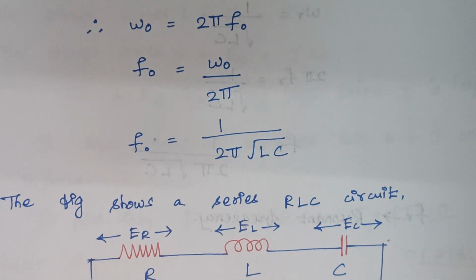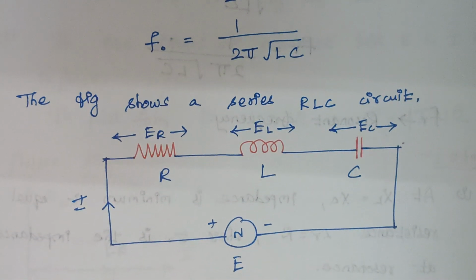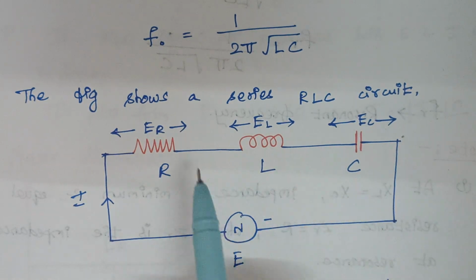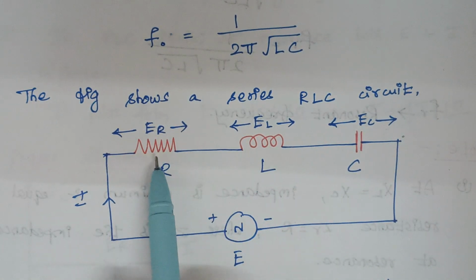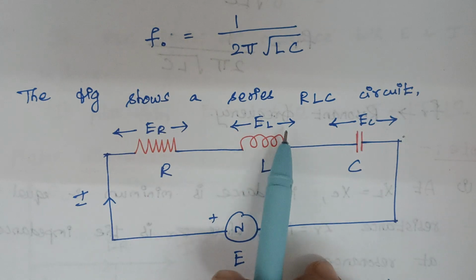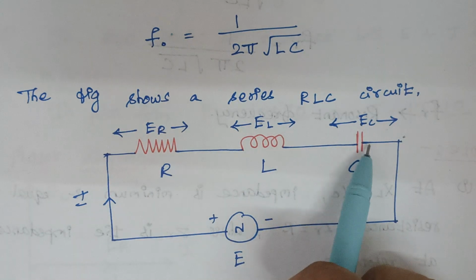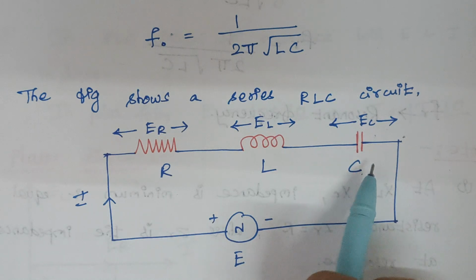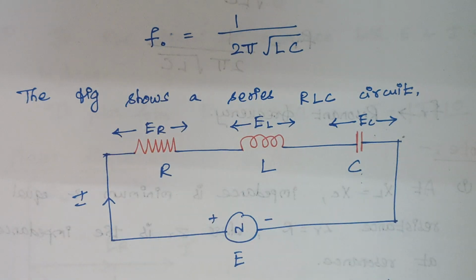Now we are considering a series RLC circuit, and as we all know, ER represents the voltage across R, EL represents the voltage across L, and EC represents the voltage across C. I is the current that flows through the circuit.